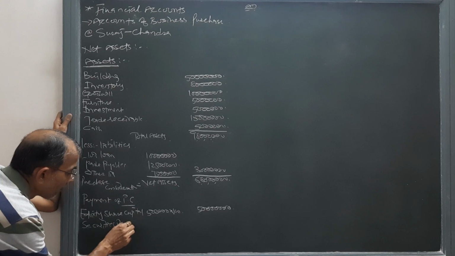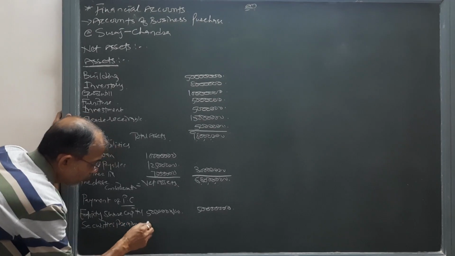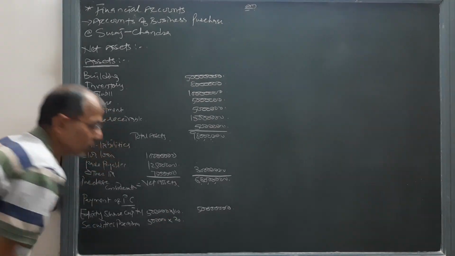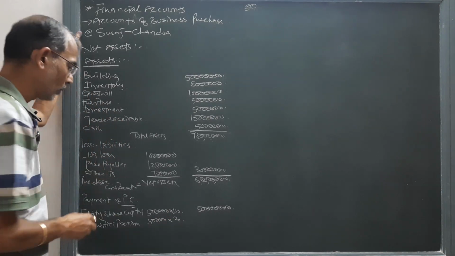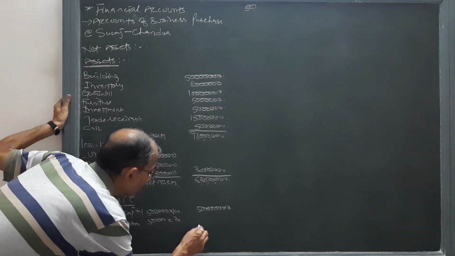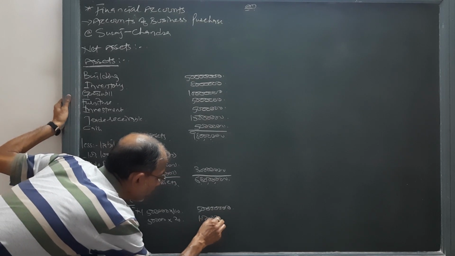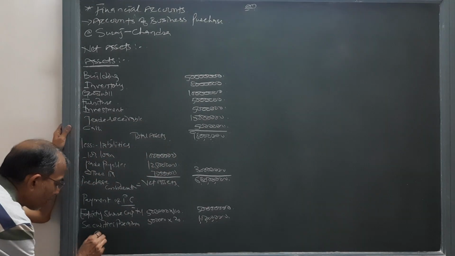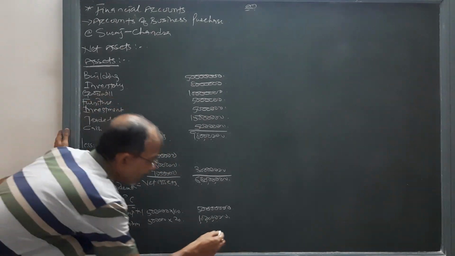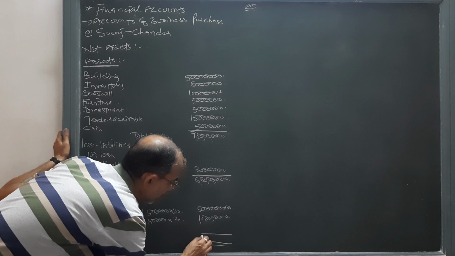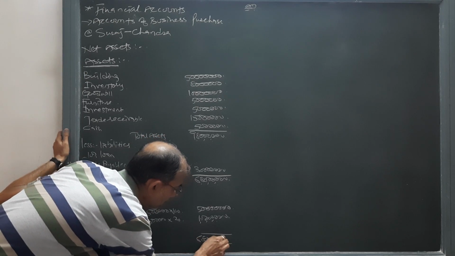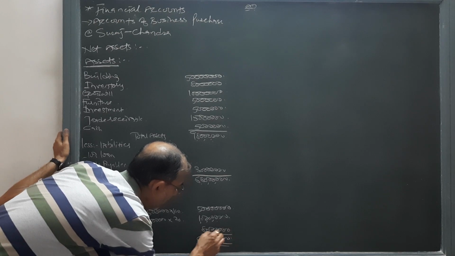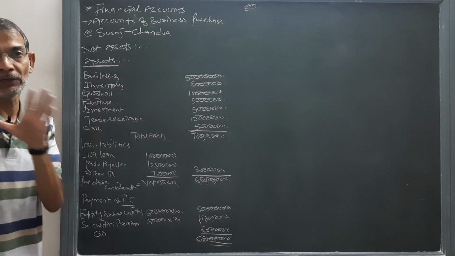Securities premium thereupon was 20 rupees, because shares are to be given at 120. So 1 crore will be the value of security premium, and balance amount in cash. We have to pay 6 crore 80 lakh. So 80 lakh will be paid as cash.